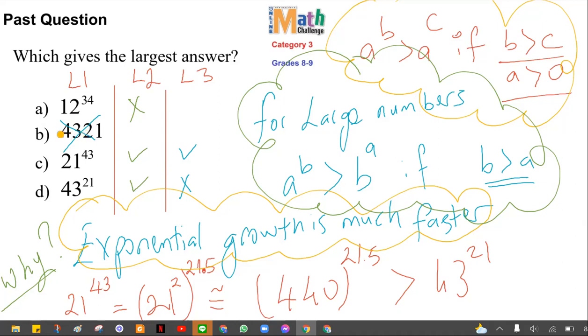According to this, I just ignored this because it is just a normal number, but these are exponentials, so they will be bigger. Comparing A and C, in level 1 I just canceled this. In level 2, I compared A and C. For A, both the base and the power are smaller than C, so in level 2 I canceled A.